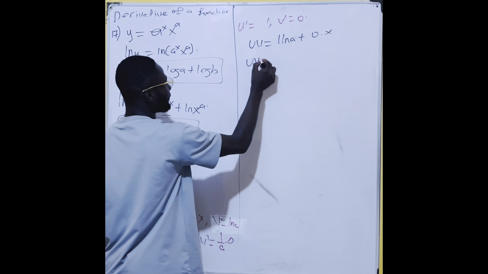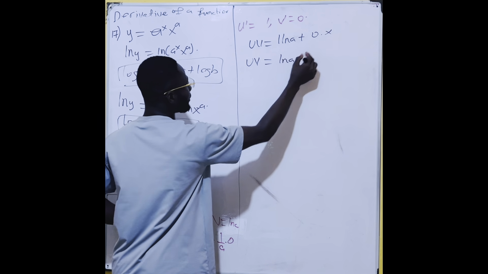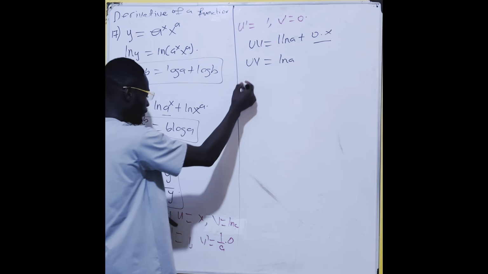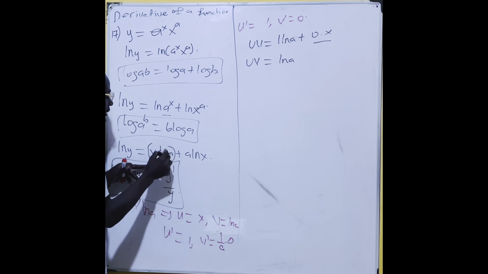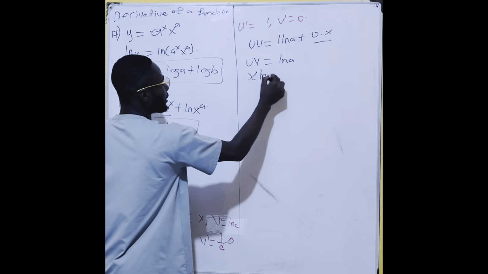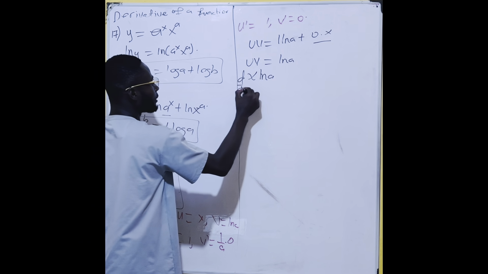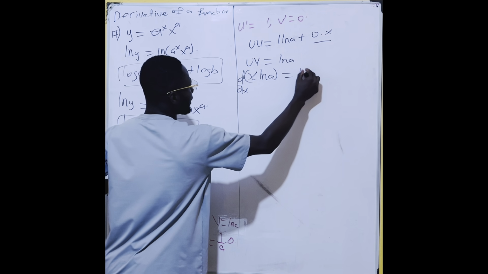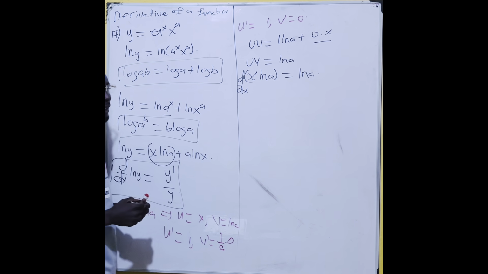So we have the first term to be ln a because this will give us 0. So it means that when we differentiated x ln a, we had ln a, right?